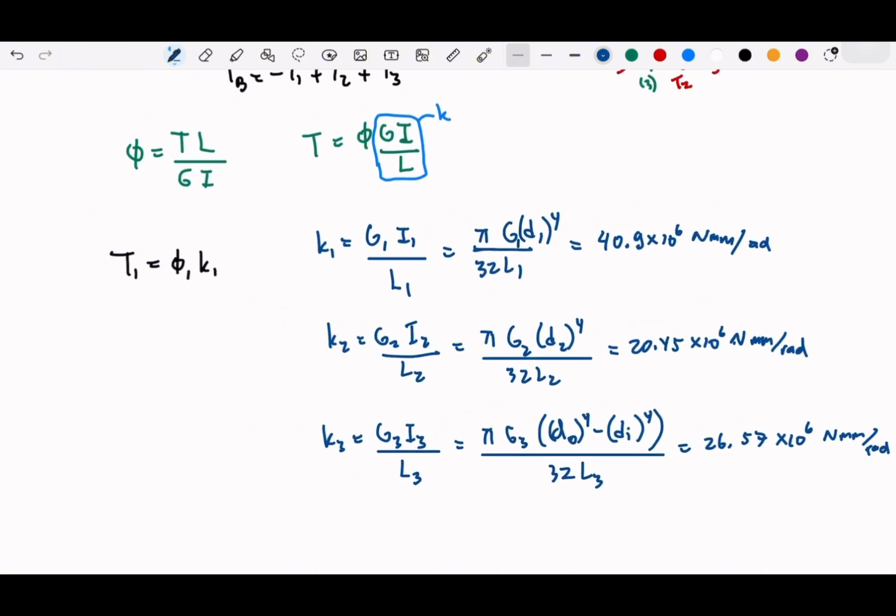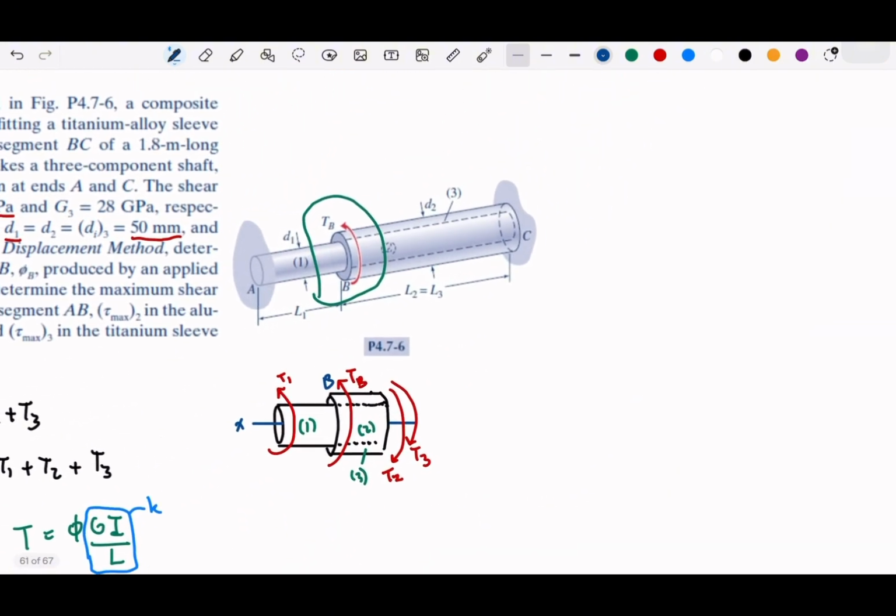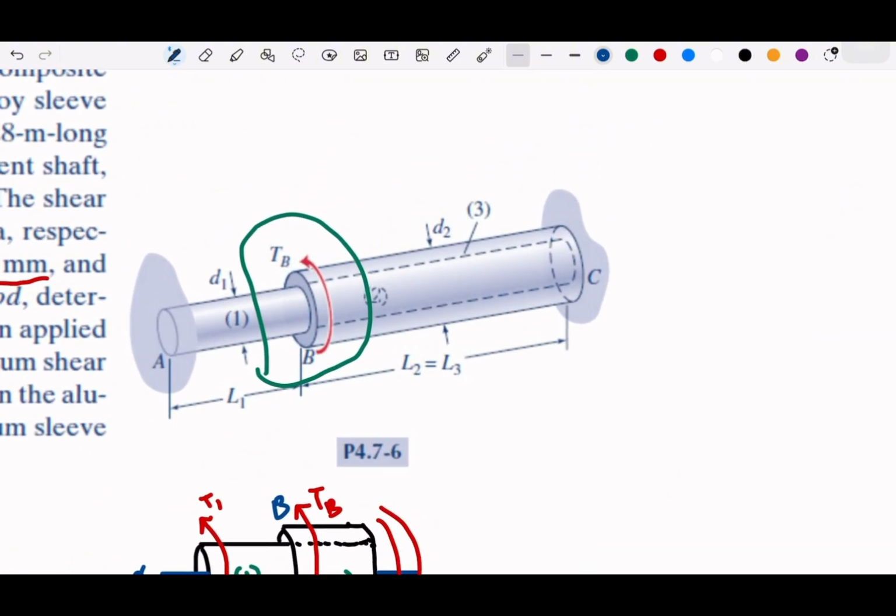Okay, so we have all the K, and then what else? Okay, we can write that since this is the orientation, or let's say if these are on the same section, the change in B will be equal to the change in 2 and the change in 3 because they are on the same section, right?